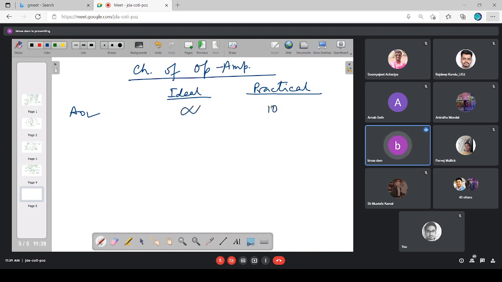Practically, that should be of the order of 10 to the power 5 to 10 to the power 6. Pretty large. Ideally, for one operational amplifier, the open loop gain must be infinitely large, whereas practically that infinite gain is not possible. We can reach 10 to the 5 to 10 to the 6 practical gain of AOL.